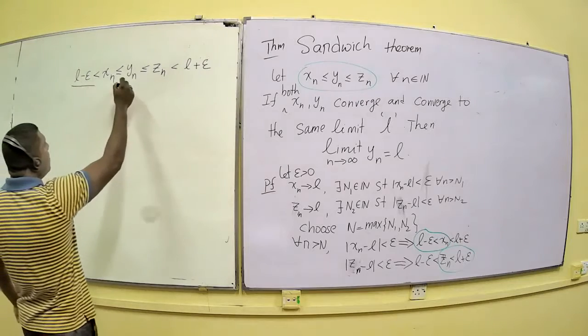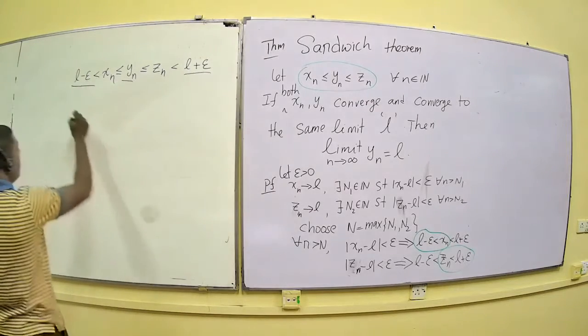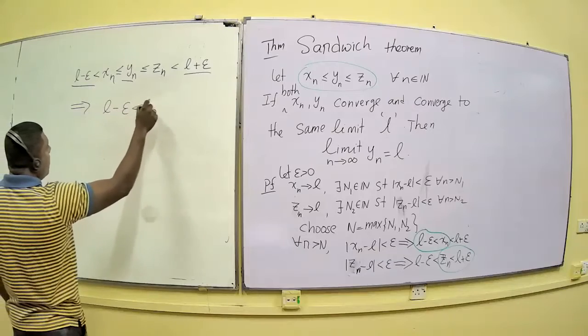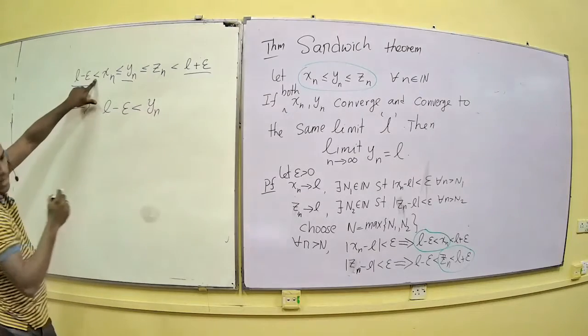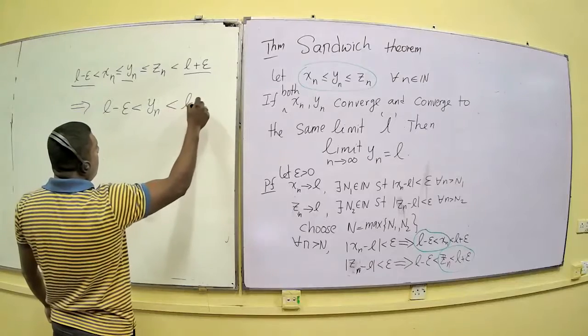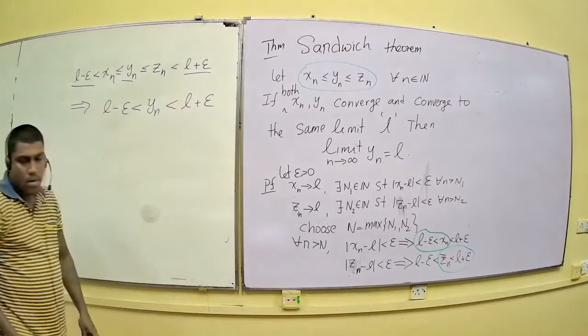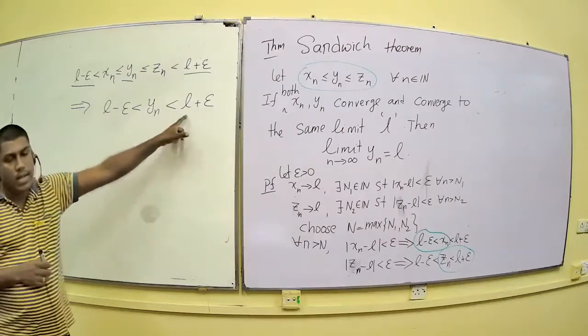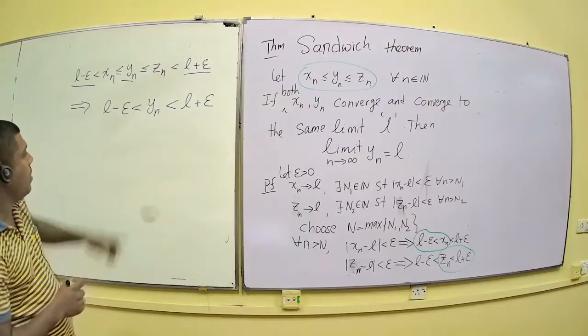So now this gives you L minus epsilon is less than yn, because here it is strictly less than, and less than L plus epsilon. So you have L minus epsilon is less than yn less than L plus epsilon.